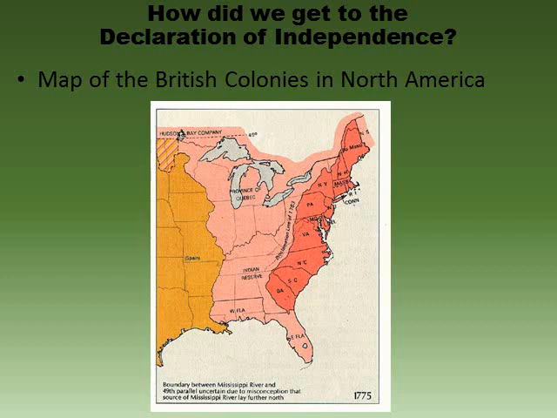And so you had Spain out in the west and down south. Up in the north, it says province of Quebec there, right on top of what's now Michigan and Lake Michigan. We had the French who were competing for territory as well.